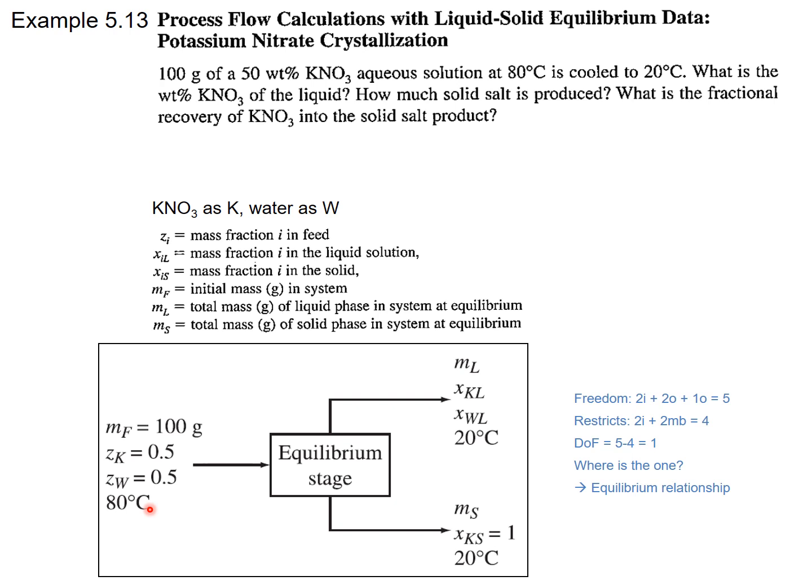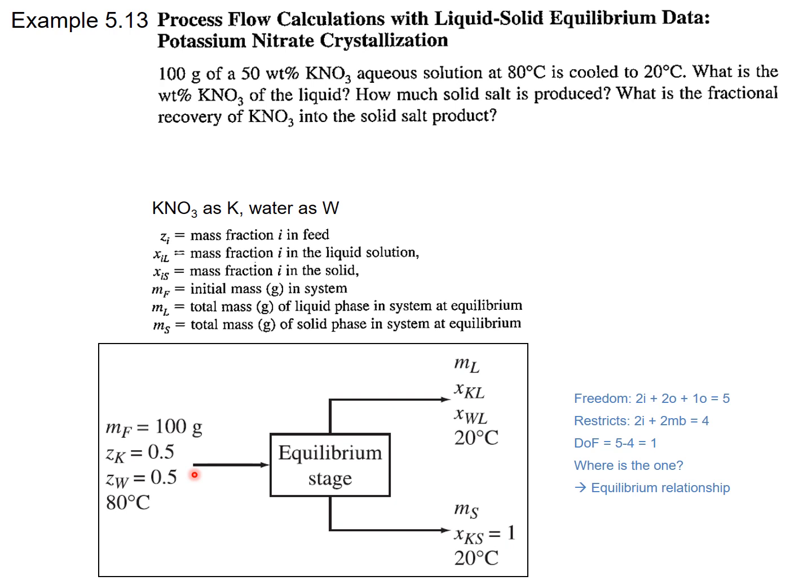Then this hot, well actually warm or hot solution of the potassium nitrate in water is introduced to the equilibrium stage, and then we will cool down the temperature of the solution.